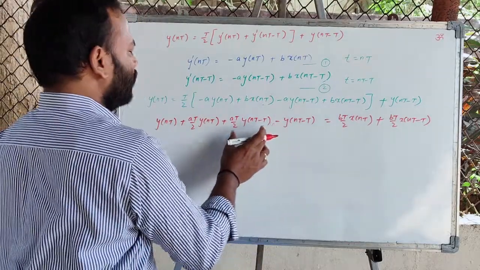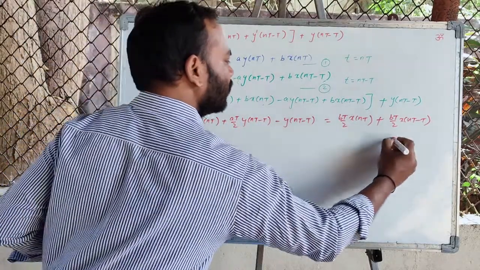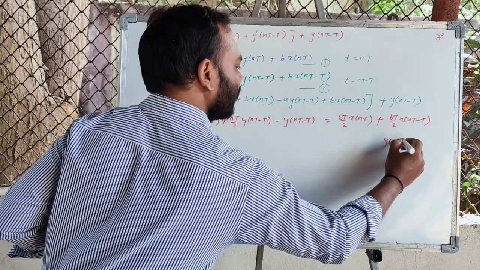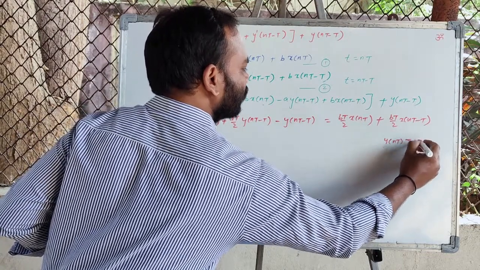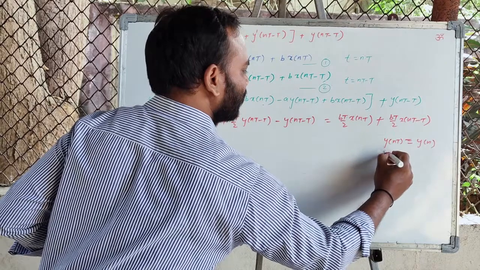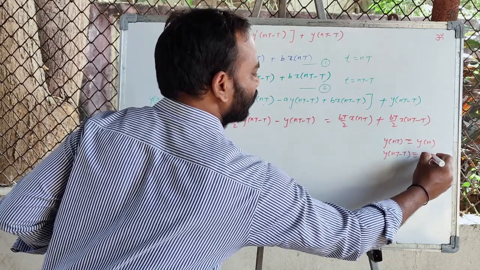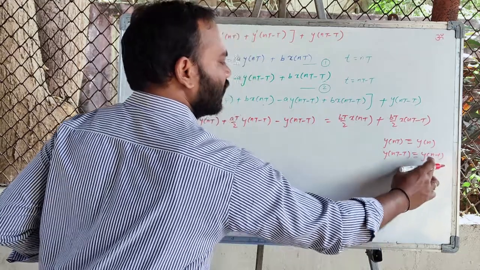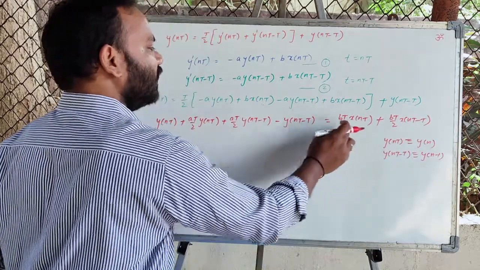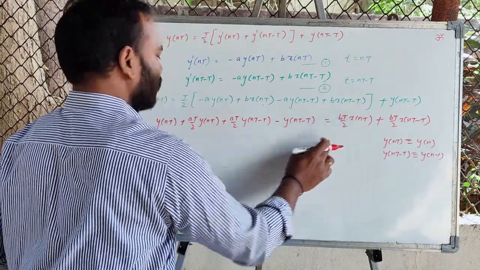Now we will approximate the y of nT to be equal to y of n, and y of nT minus T approximately to y of n minus 1. Similarly, we will approximate the x also.